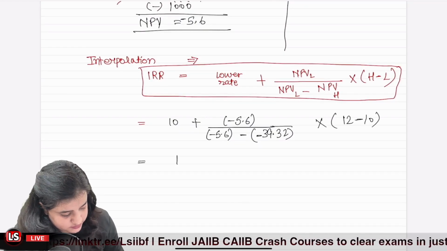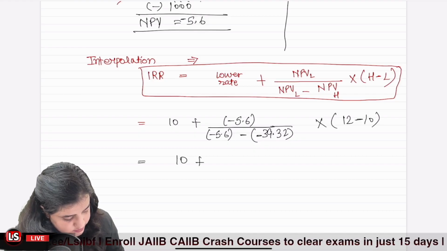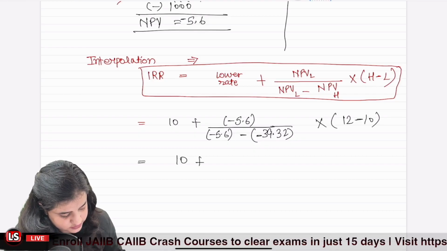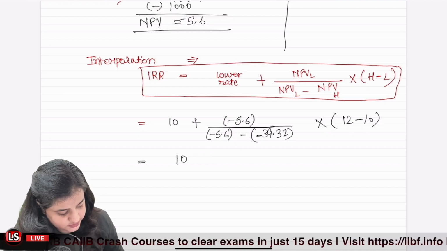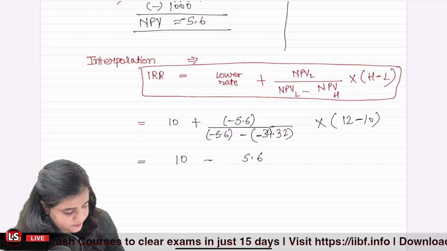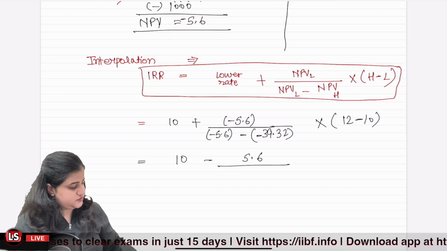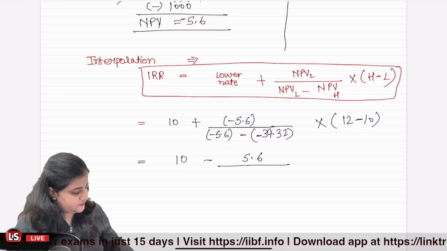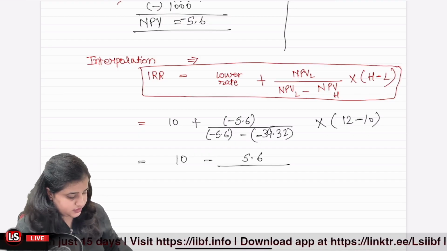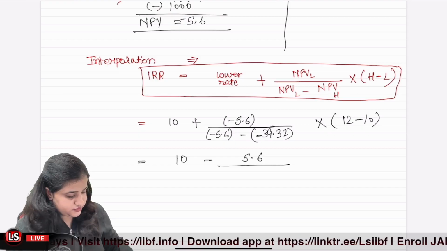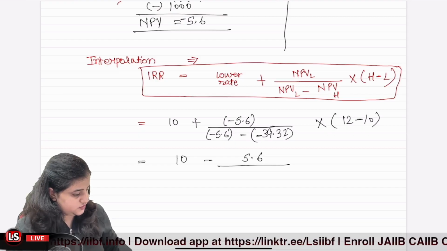So 10 plus, now this plus will turn into minus because plus minus minus. Divided. So on the calculator, we type minus 5.6 minus 39.32. That is also in minus.